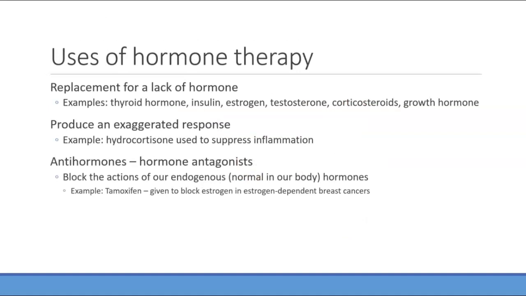So as we think about hormone therapy, there's 3 main ways that hormones are used or that we manage hormone therapy. So one is we replace a hormone that is lacking in the body. And probably the best example of this is thyroid hormone, right?